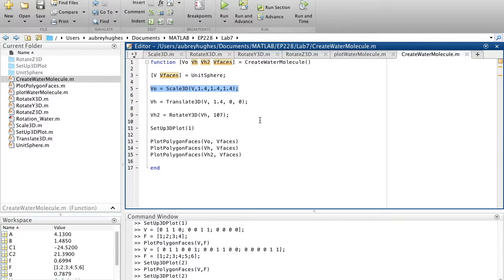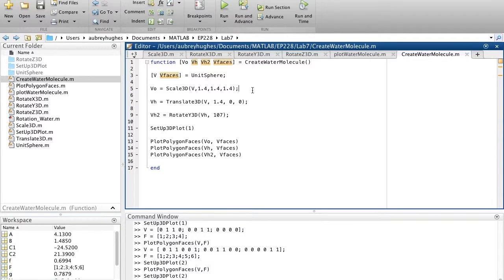So we call our scale 3D function, and we pull in this V, which is just the vertice matrix, and we scale it by 1.4 for X, Y, and Z. That is our oxygen.